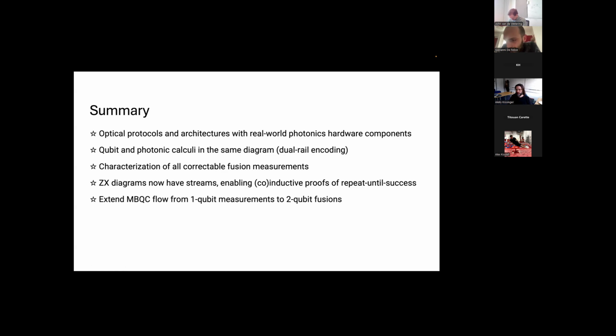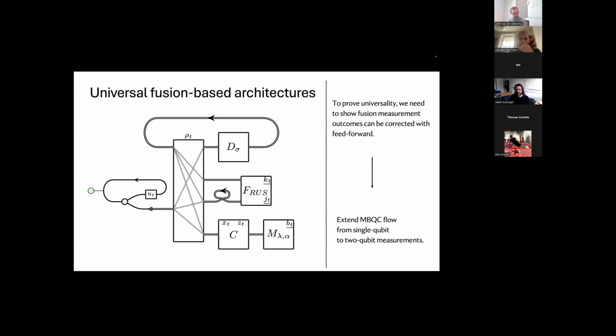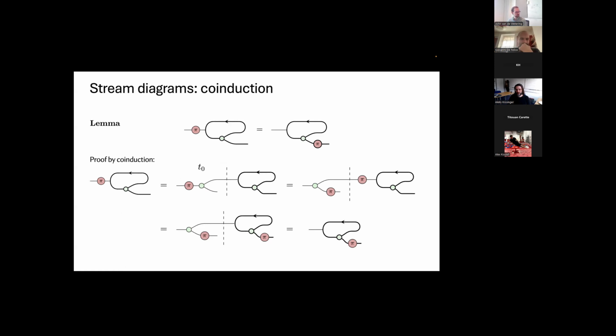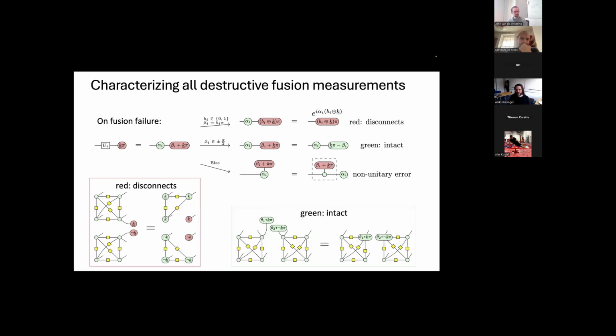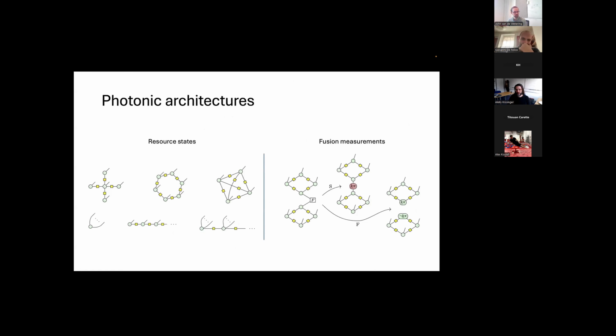So the flow part, maybe I have a slide now. I guess at the very beginning, these kinds of settings. So the problem there was, so flow is a structure on graphs that allows you to correct measurement outcomes.